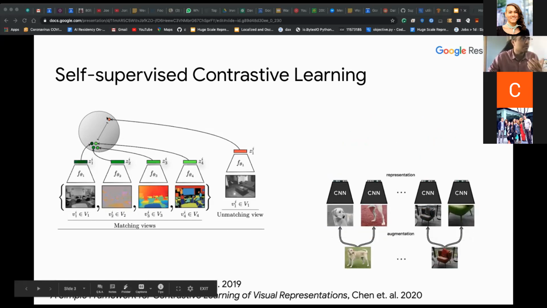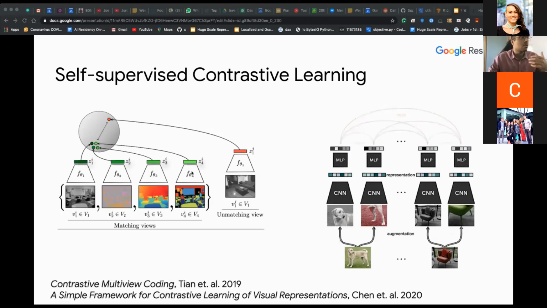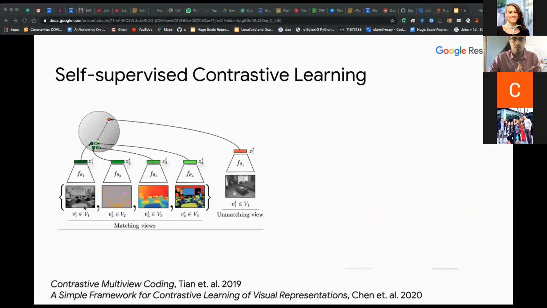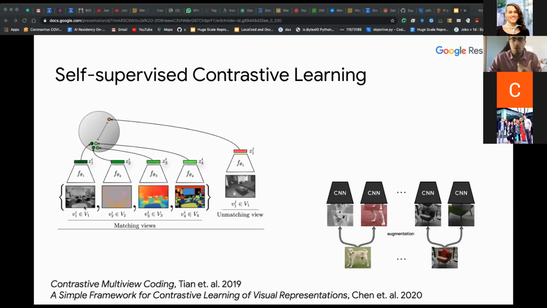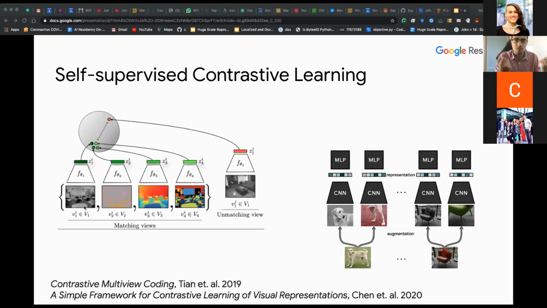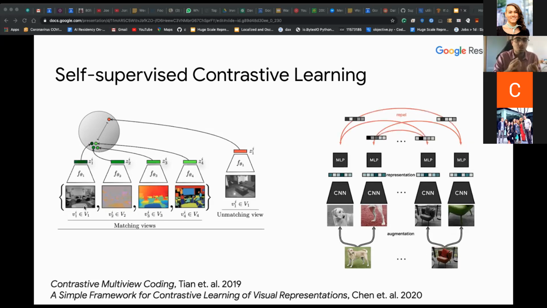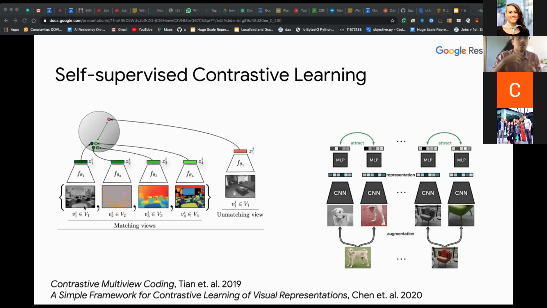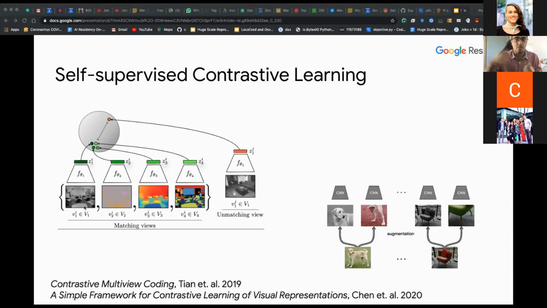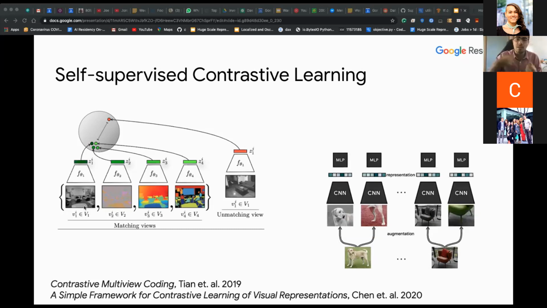So the representation space is shared, while encoder networks will be different. And you do this for a single image. So you have, let's say, 4 representations corresponding to one image, and then you try to push them together, while you try to push representations from any of these networks for a different sample apart. And so this is a completely unsupervised way of learning representations in a contrastive learning setting.